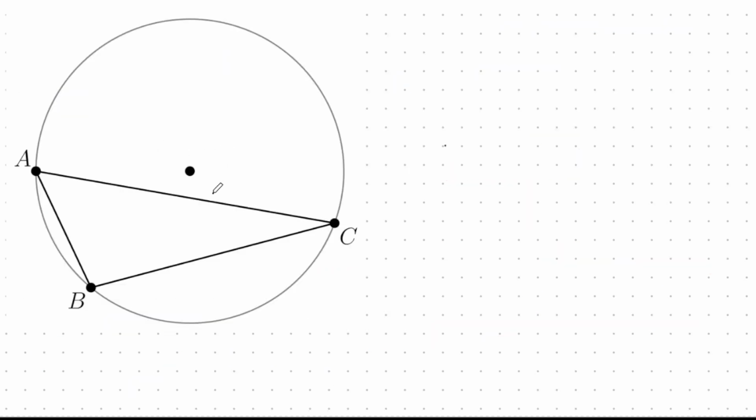So here let's look at a different case. Now the center is outside of the triangle, and here we can have some different behavior that we have to be careful about. So in this case, we're going to have something odd happen with angle beta.